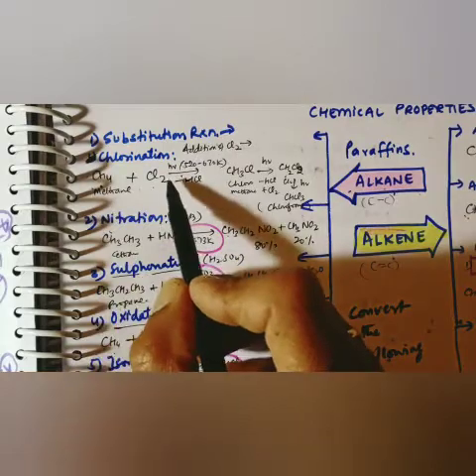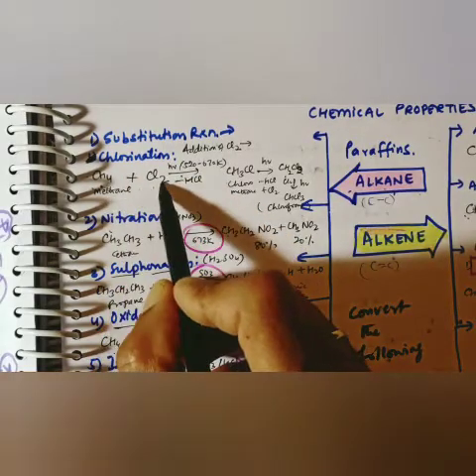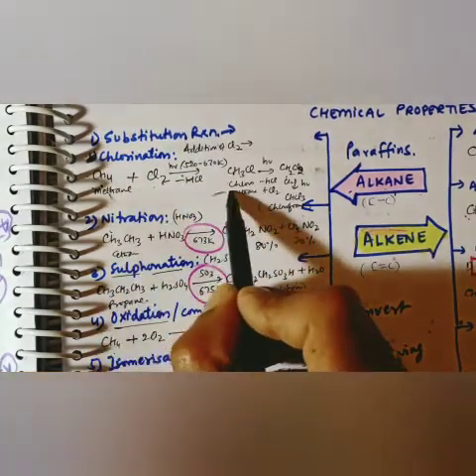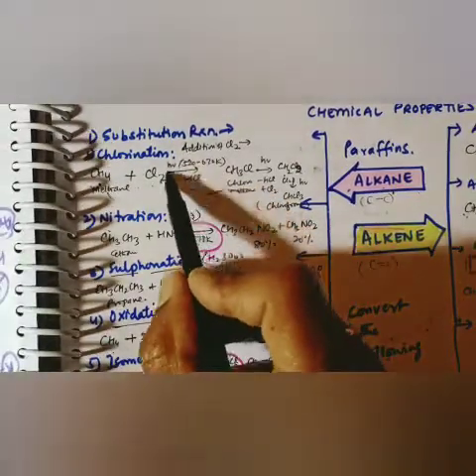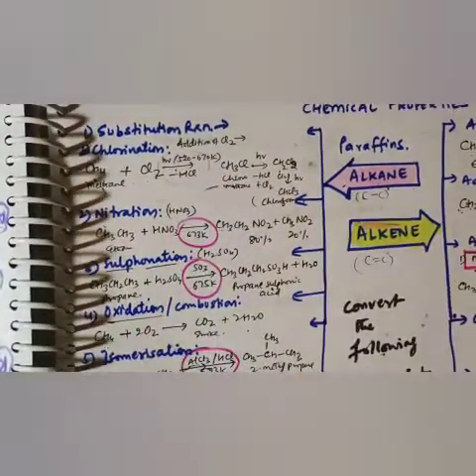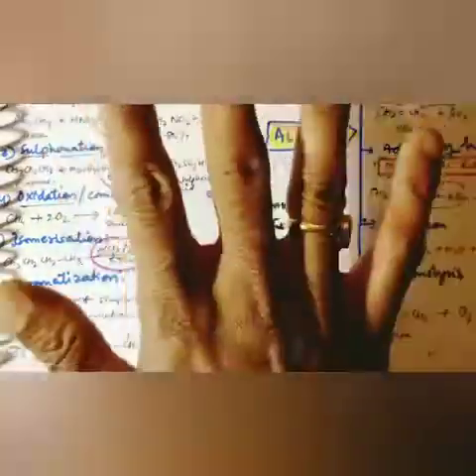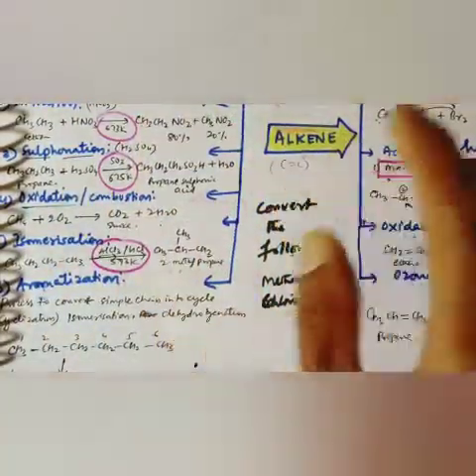When it reacts with chlorine, methane will change into chloromethane, keeping these conditions in mind. This type of question will come in the exam, and you must learn this type of question to solve them.